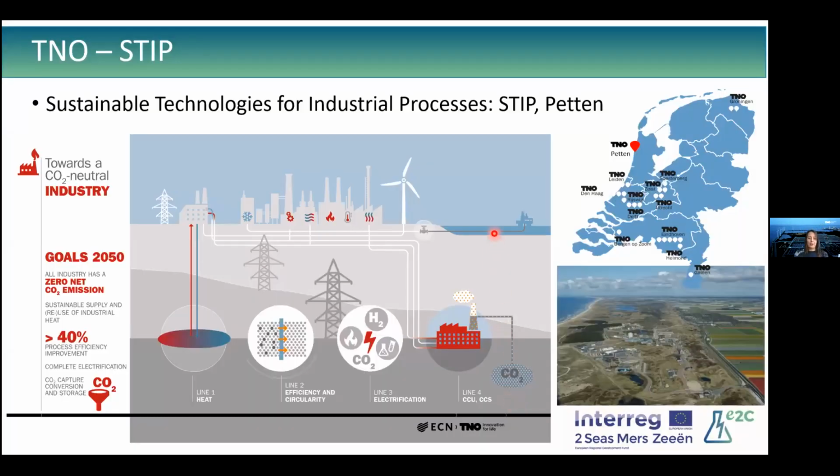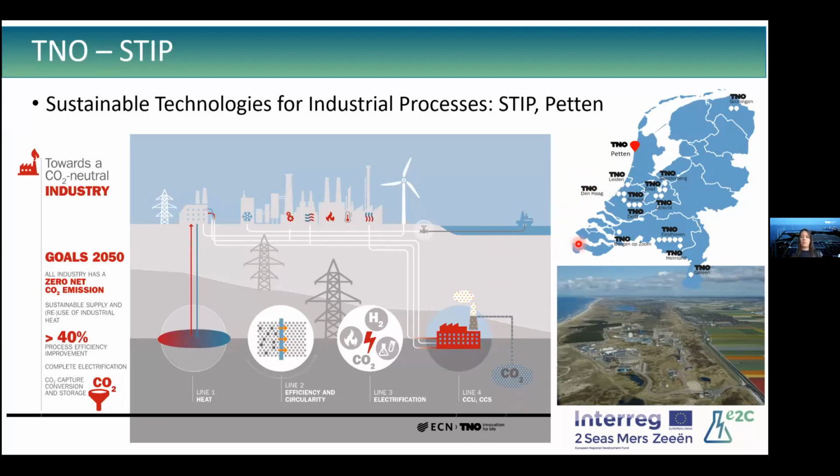So a little bit more about the group that I'm working in. There are lots of different TNO units and groups that do a lot of interesting research, and also the group of Delft will be presenting later. But I'm based in Petten, so really on one of the two C's from the Interreg funding agency. And I'm working in a group that's developing technologies for a more sustainable industry. We're developing these technologies to go towards a CO2 neutral industry.